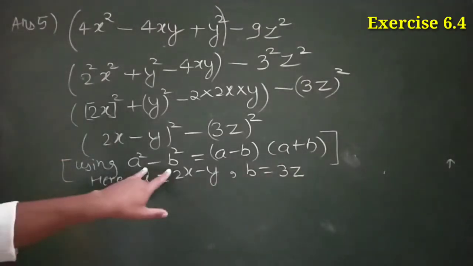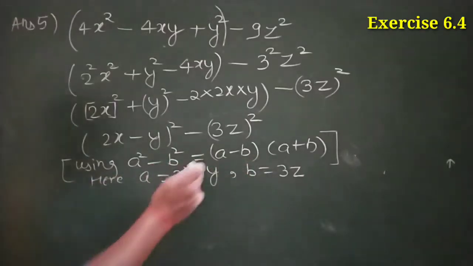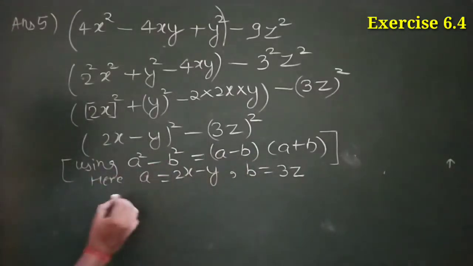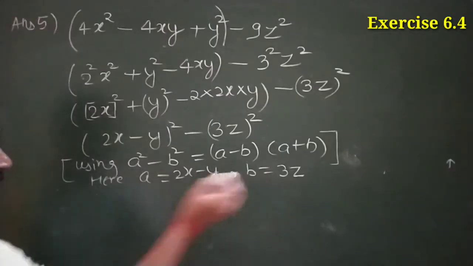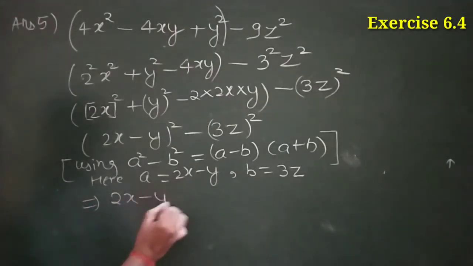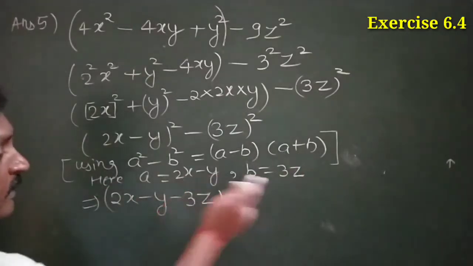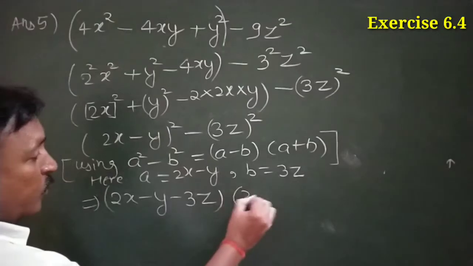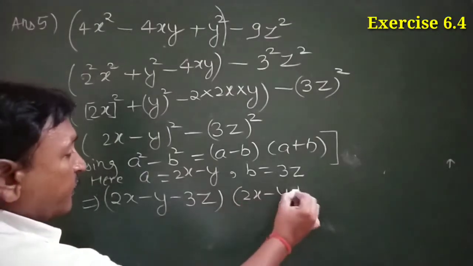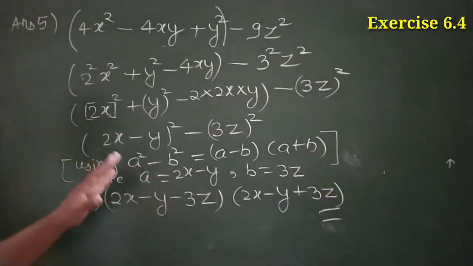The left hand side we have, and we have to write the right hand side. A minus b means 2x minus y minus 3z. Then a plus b means we have to add: 2x minus y plus 3z. Is it clear? In this way we will do question 5.